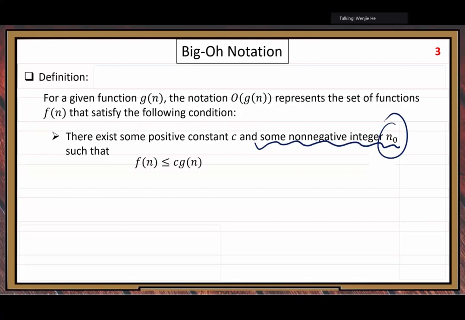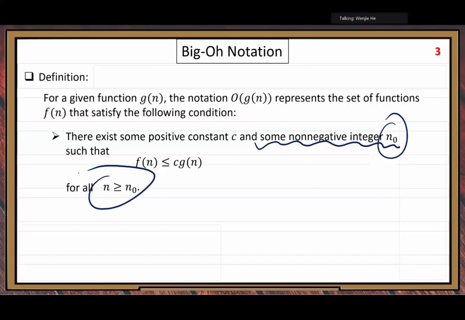We want to use the upper bound: we can find the C multiple of the g function to be an upper bound of this f function. If we can do it, then we have our conclusion. This inequality holds for all n greater than or equal to n naught. So there is this condition we need to include.